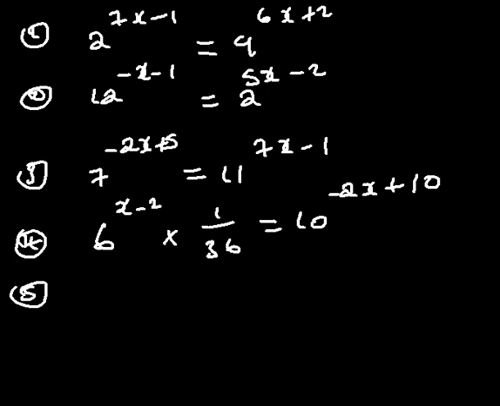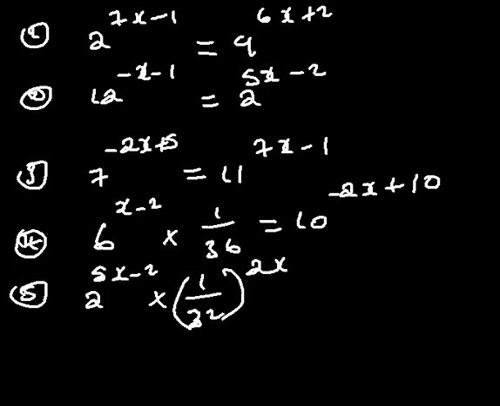Let's say we have 2 to the power 5x minus 2 times 1 over 32, all to the power 2x, equal to 19 to the power x. How do you think we can approach that?